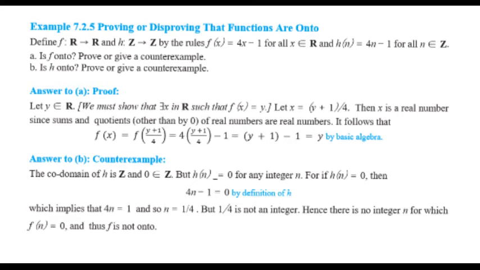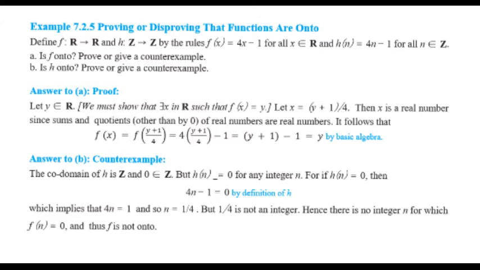All right, so let's see an example of how to prove or disprove that functions are onto. Let's define f a function from R to R and h a function from Z to Z such that f is defined by this rule. f of x is equal to 4x minus 1 for every real number x, and h of n is equal to 4n minus 1 for every integer n.